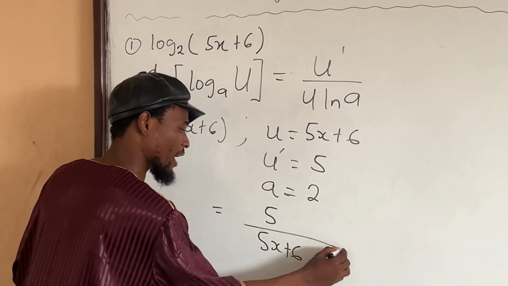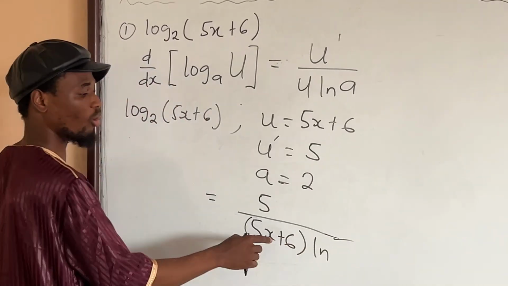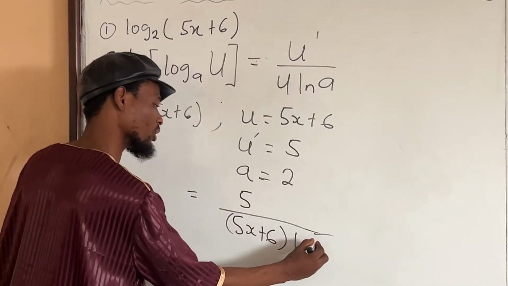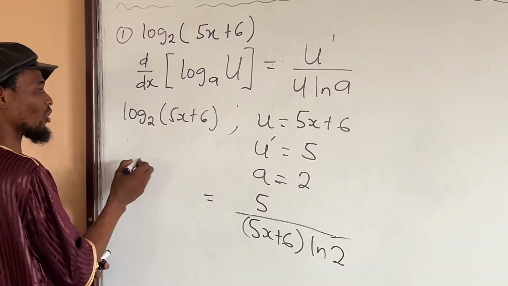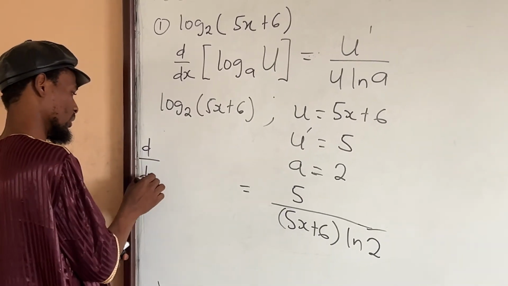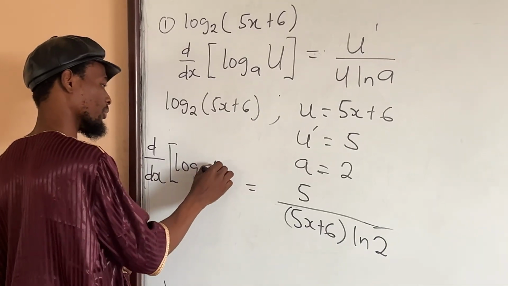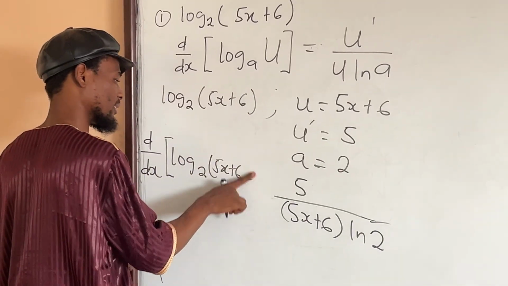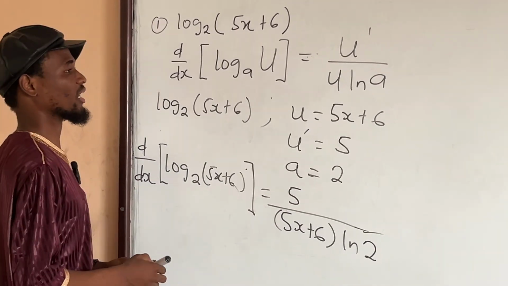Then times the natural log of a. And what is a? A is 2. So viewers, this is the end of the question for the first one, log to the base 2 of 5x plus 6, this way, as simple as that.